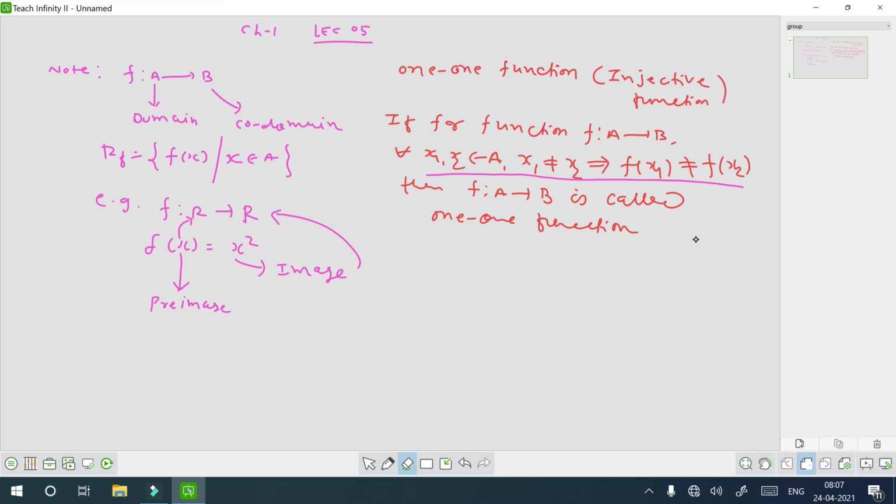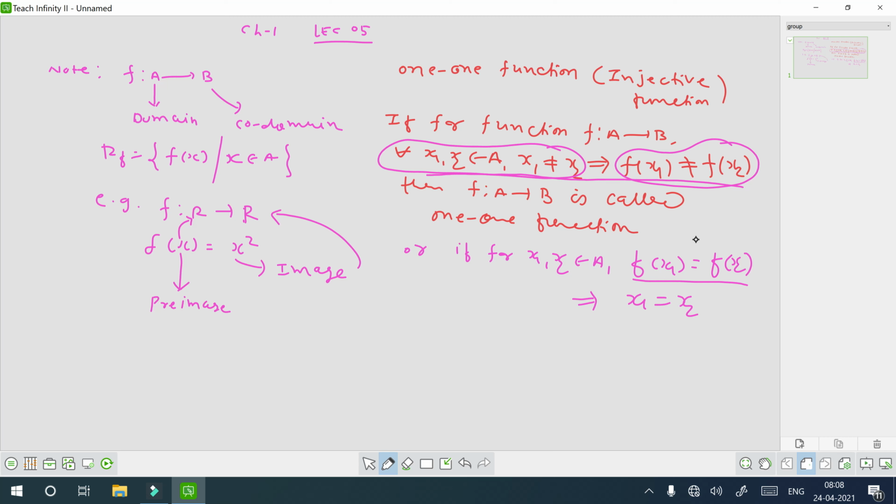In other words, if for x1, x2 belongs to A, f of x1 is equal to f of x2 implies x1 is equal to x2. The negation of f of x1 not equal to f of x2 is f of x1 is equal to f of x2. And the negation of 'for all' is 'there exists some'.